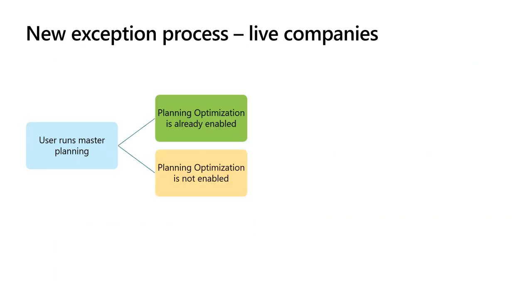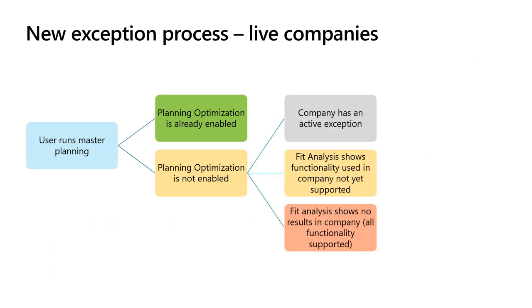For live companies, the scenario is going to have a bit more variation. When a user runs master planning in a supported Dynamics environment, if planning optimization is enabled, then nothing will happen. If planning optimization is not enabled, then there will be one of three scenarios.